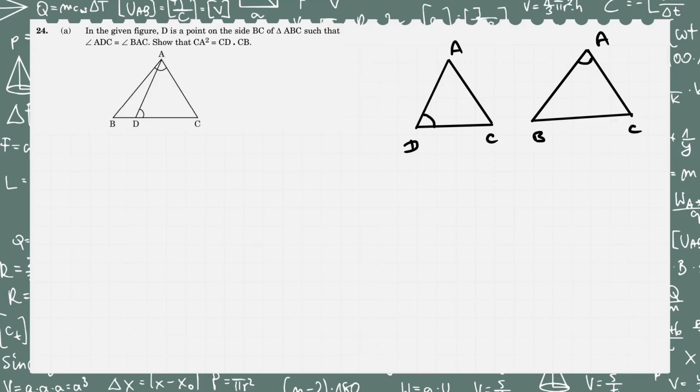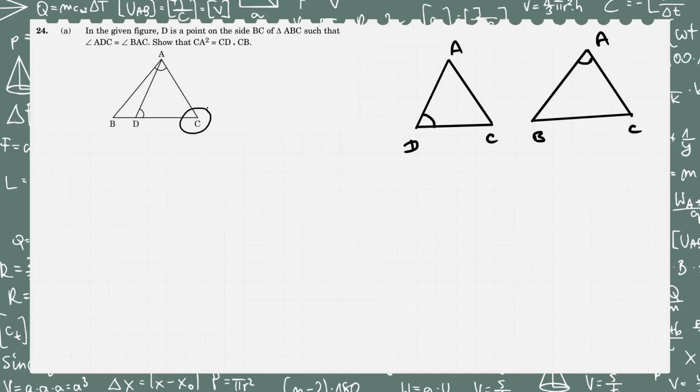So for that reason, I have drawn both the triangles separately here, and one angle being equal is already given by them. So angle ADC, this angle, is equal to angle BAC, this angle at A. So I have marked it already. What is the other pair of angles which are equal to each other, which you know by default?